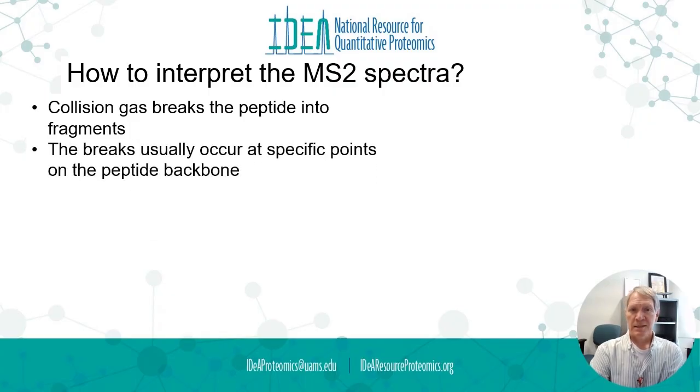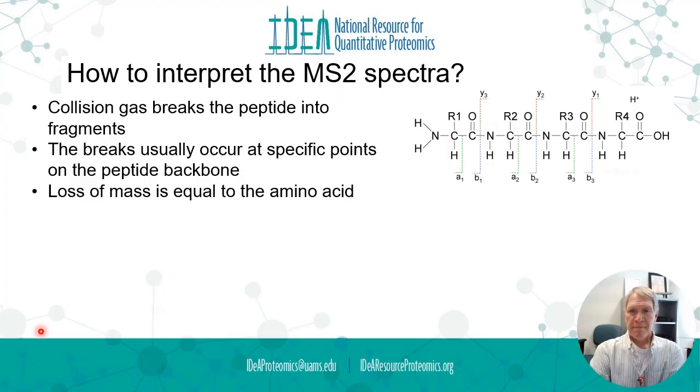Well, the collision gas breaks the peptide into fragments, and the break usually occurs at specific points on the peptide backbone. If this picture over here represents a peptide where you have the C terminal over here and the N terminal over here, what we find is that if we send gas molecules, and this is all done in the vacuum in the mass spectrometer, if we introduce a little bit of nitrogen gas that has a little bit of energy, or helium gas that has a certain amount of energy, and it bumps into these guys, it will break at very specific points.